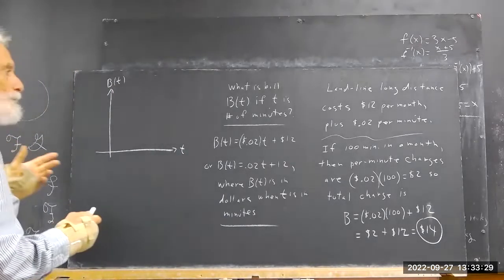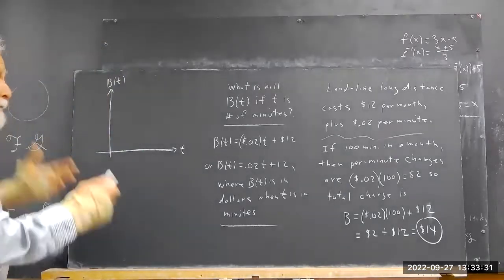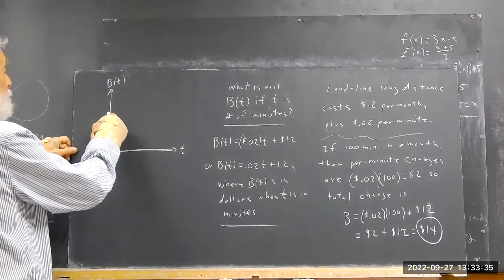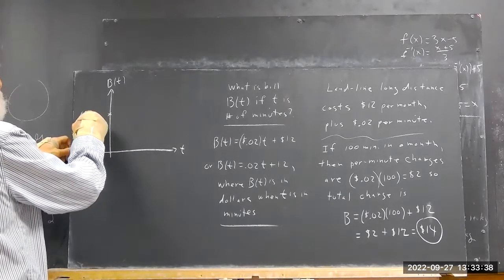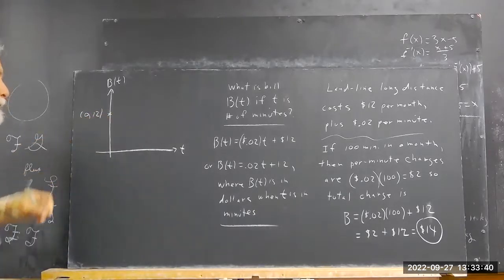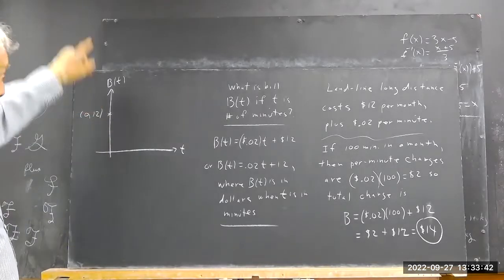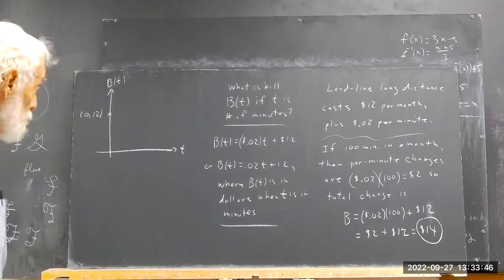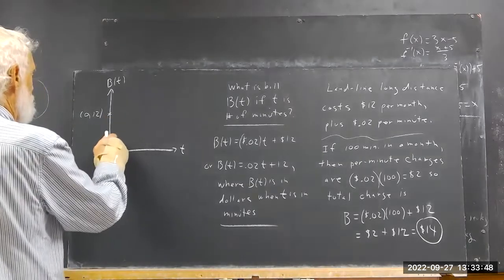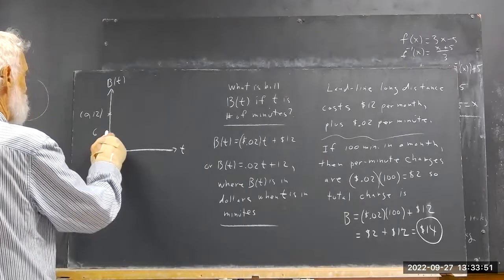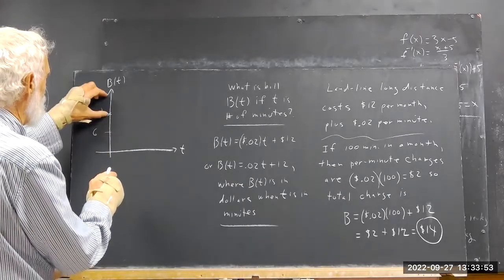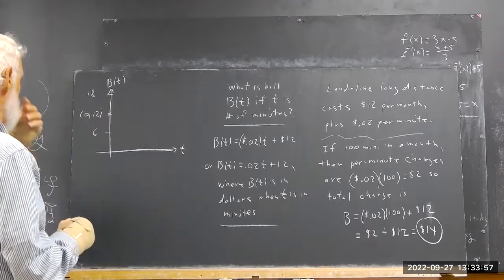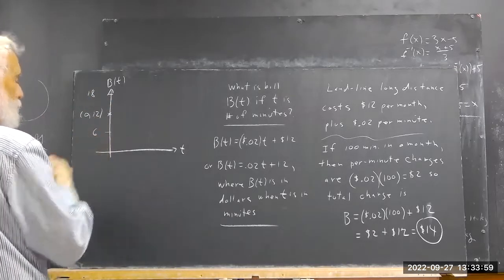Okay, so we know that we have the point 0, 12 on this graph. So let's just put a point up here. Now I know what my B scale is. So I might as well put a scale on it. I got 12 here. If I cut that in half, I've got 6. And then if I add another 6, I've got 18 up here. Now the point is 0, 12.